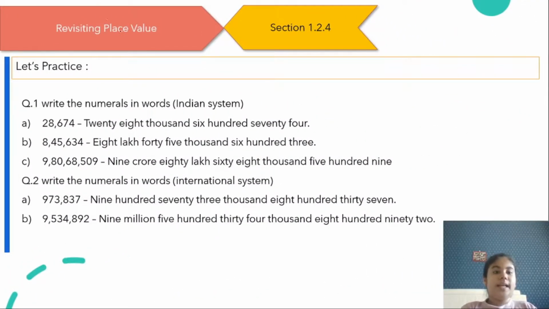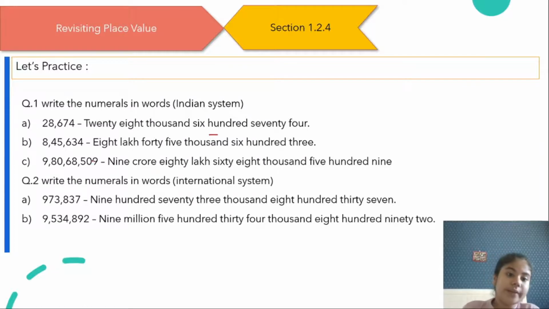Now let's practice, which means we will read the numbers in the Indian and international place value systems. So here we have 28,674. Oops, sorry guys. And next we have 8,45,603.